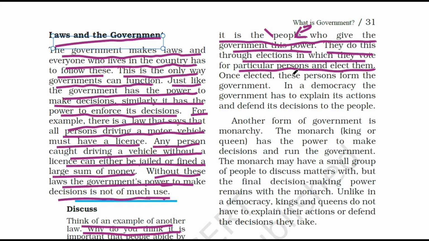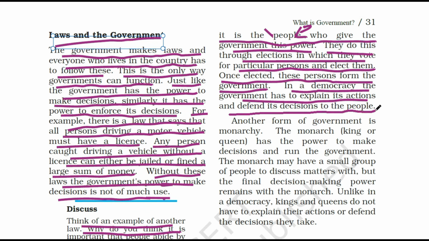So you must have seen in the news and read in the newspaper so many times, every year there are some or the other elections in our country. So that's how our governments are elected to power. Once elected, these persons form the government. So after getting elected, they go ahead and form the government. In a democracy, the government has to explain its actions and defend its decisions to the people.